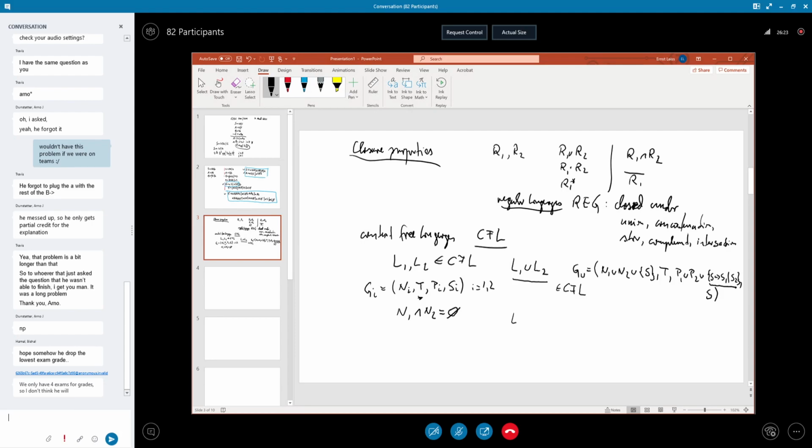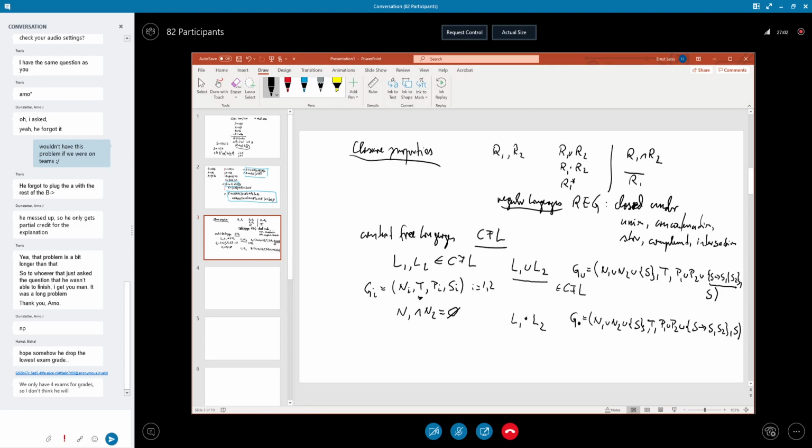So let's try the concatenation. Well, obviously, this is not particularly difficult to see. We're going to do exactly the same thing: N1 union N2 union a new starting symbol, and we have the same terminals, and then we have the productions of the first grammar, the productions of the second grammar, plus a single new production, S goes to S1 S2, and then S is the starting symbol.